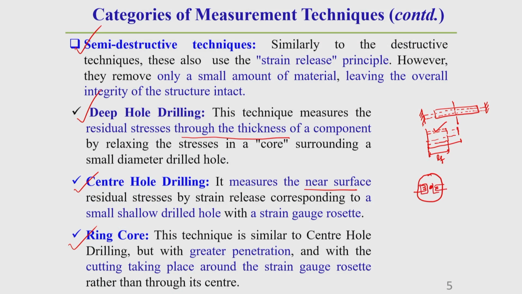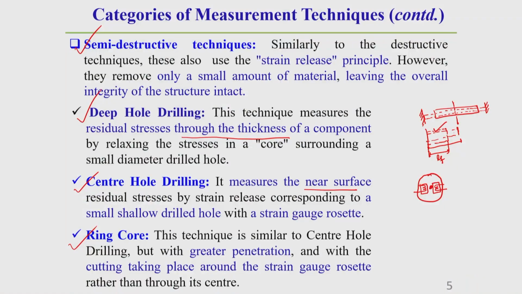A strain gauge is a type of thin electrical wire which has conductivity as well as resistance. Once it is subjected to strain release, the strain gauge wire undergoes expansion or contraction.